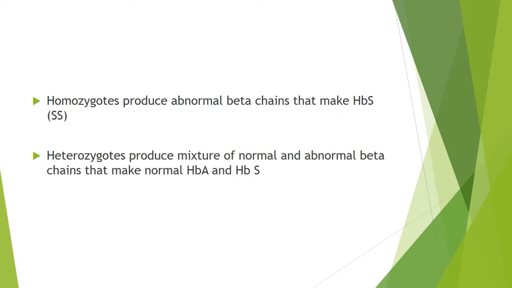In the case of homozygotes, they produce abnormal beta chains that make HbS, and this results in the clinical syndrome of sickle cell disease. In the case of heterozygotes, they produce a mixture of normal and abnormal beta chains that make normal HbA and HbS, and results in a clinically asymptomatic sickle trait.